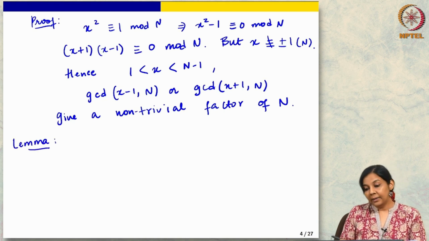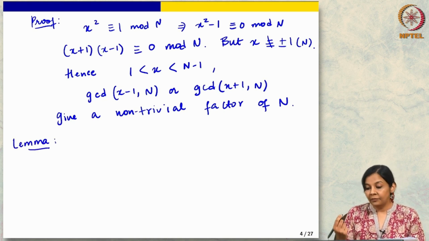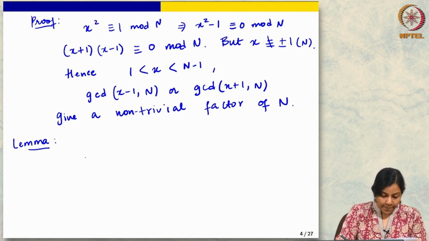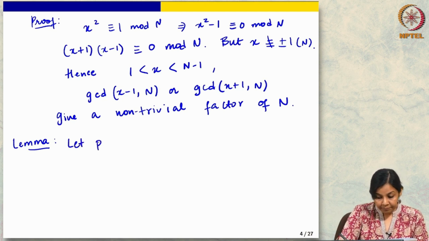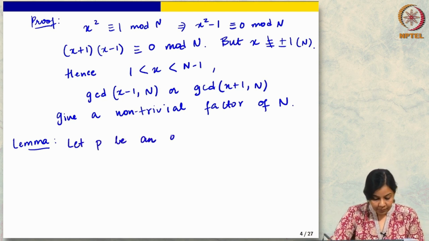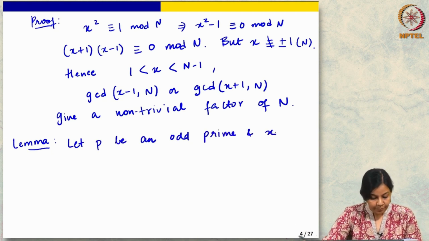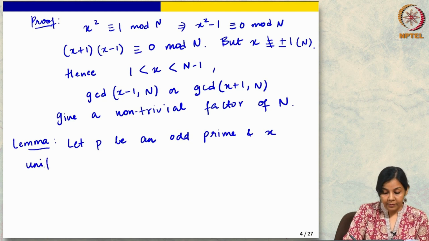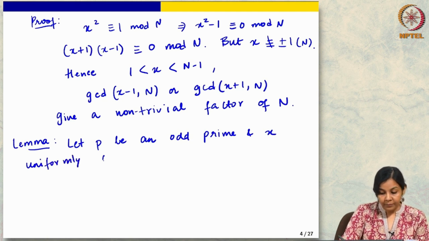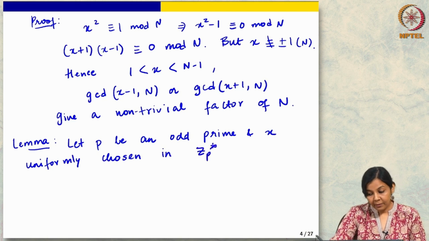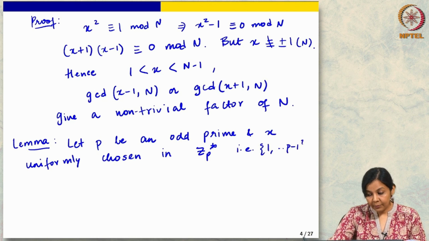Let us now look at another lemma. This new lemma that we will show will come in handy in the future. So, for now we will just state it. Let p be an odd prime and x is uniformly chosen in Z_p star, that is in the set 1 to p minus 1.